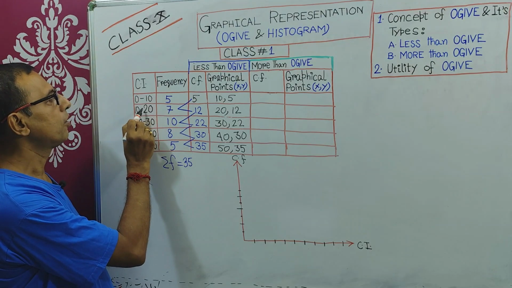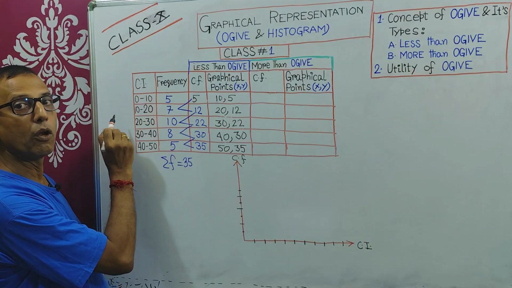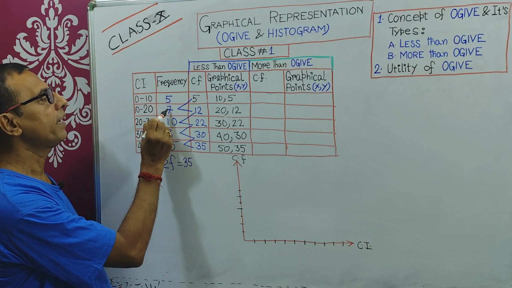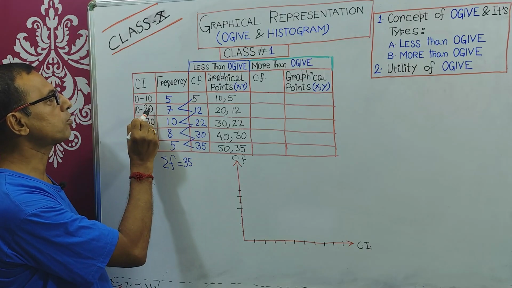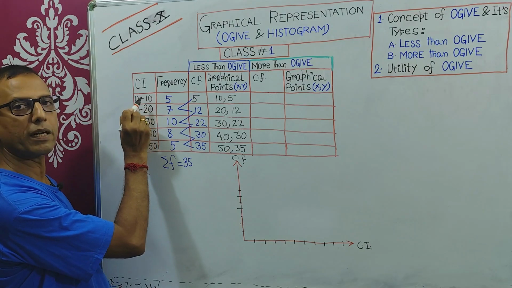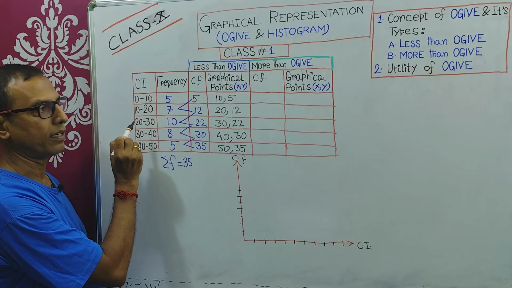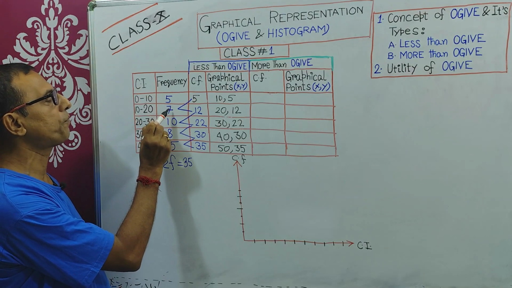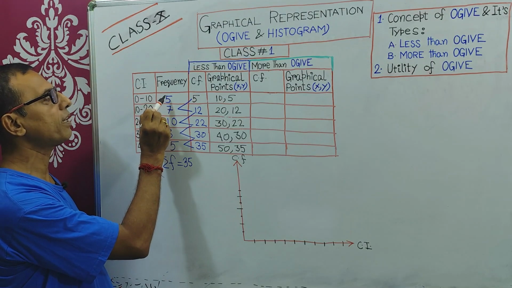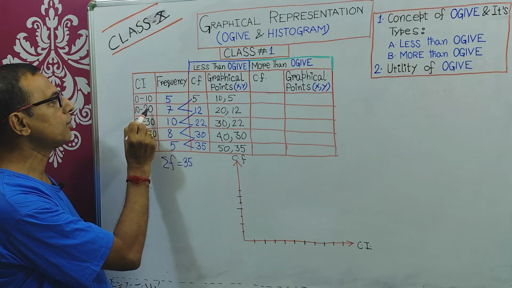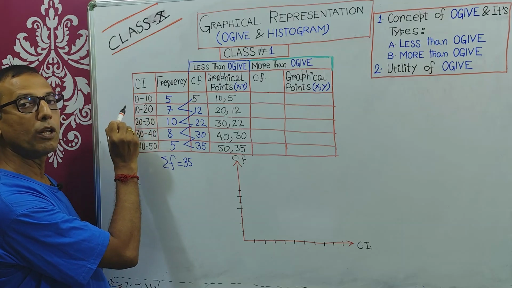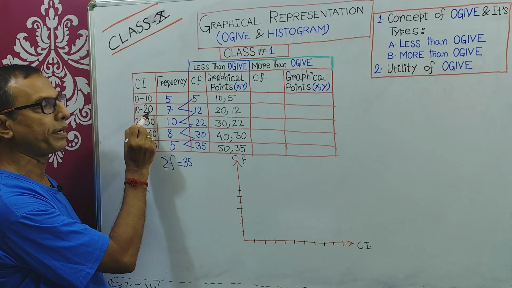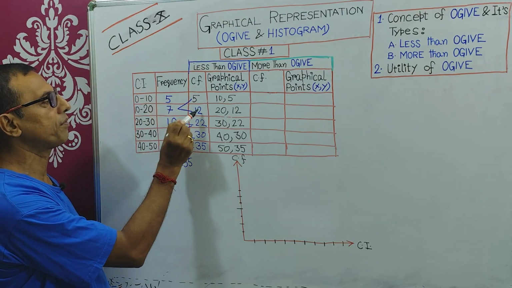But if I say not 10 to 20 but 20 and below, 20 and below means it is 7 plus 5, 12, because it also considers the data points that belong to 0 to 10. So it considers both the frequency of 10 to 20 as well as the frequency of 0 to 10. That means 20 and below considers from 0 to 20. How many data points? 5 plus 7, 12.